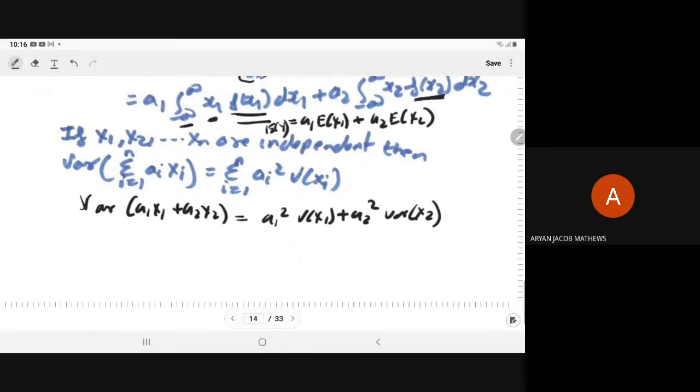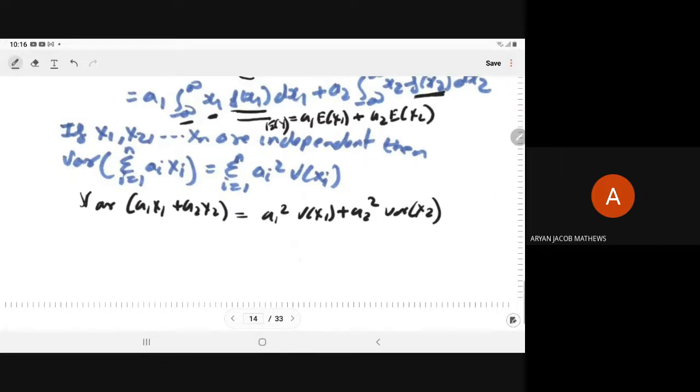Here we have seen students make a common mistake when we have the minus. Here we have to compute the square of the plus or minus a2, right? So it will always be a1 square variance of x1 plus a2 square variance of x2.